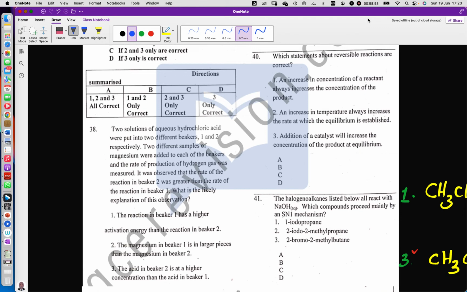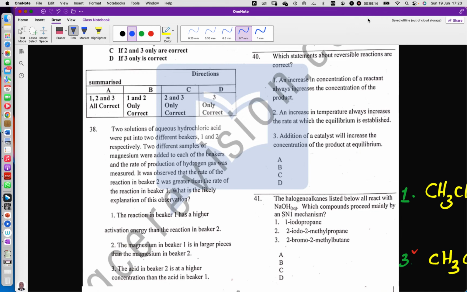It was observed that the rate of the reaction in beaker 2 was greater than the rate of reaction in beaker 1. What is the likely explanation of this observation?